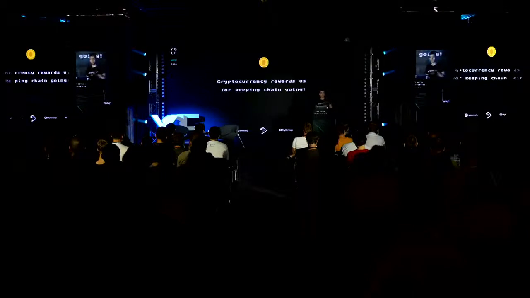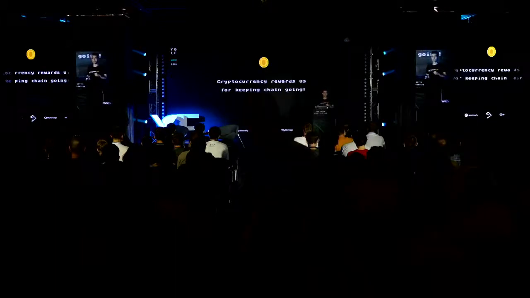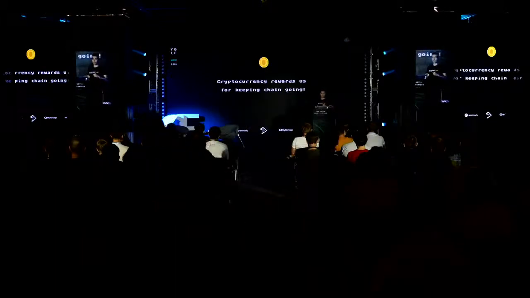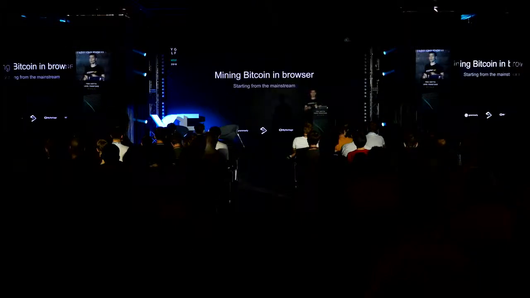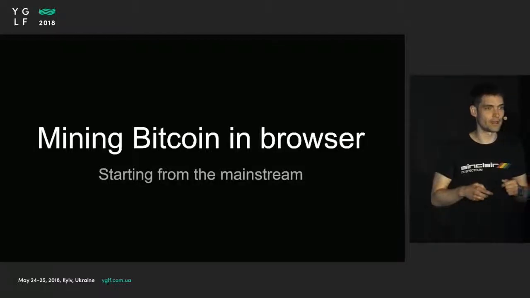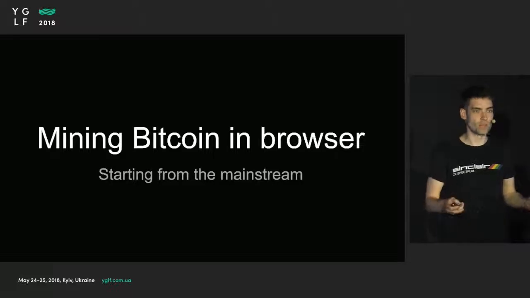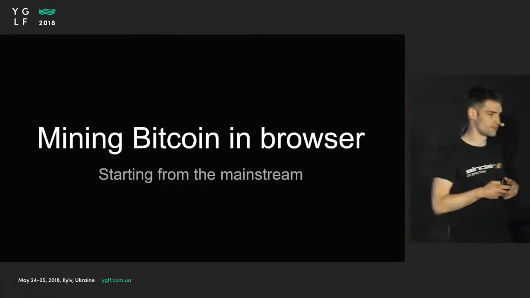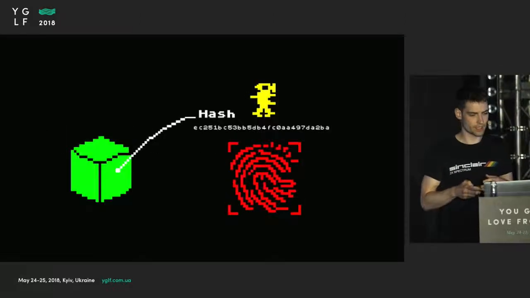And for keeping the chain going, the cryptocurrency rewards us with some coins. Okay, so now we know why we need mining at all and why we are getting money from there. It's one of the essentials of how a blockchain works, and we just need to do it. From first glance, it doesn't make that much sense, but actually it does.